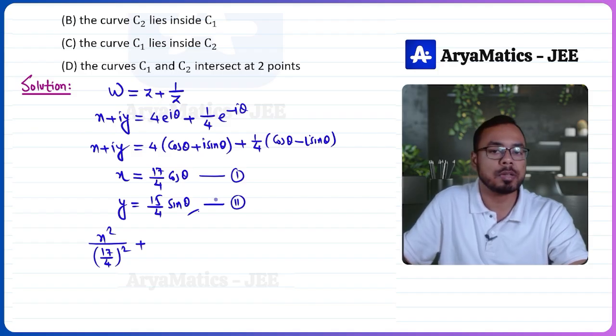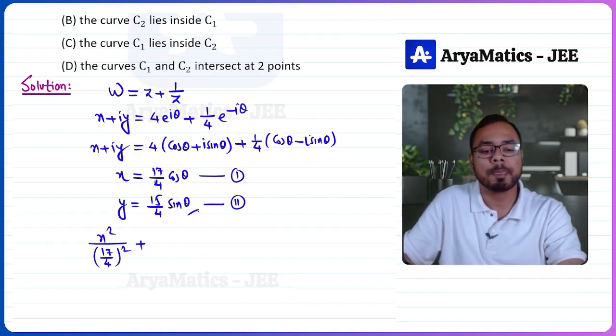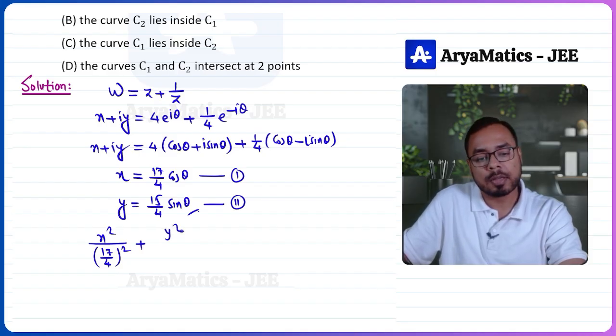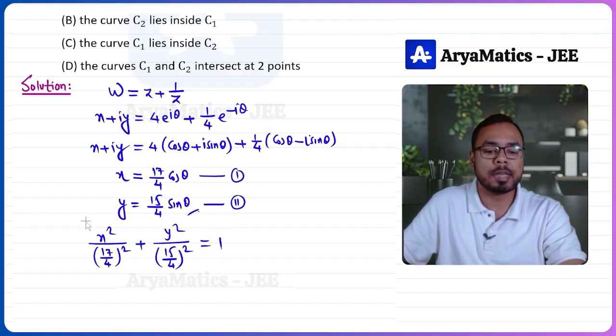So if I need the equation of the ellipse in Cartesian form, then separate sine and cos and then square and add. So x square by (17 by 4) square will be cos square, and y square by (15 by 4) square will be sine square, and sine square plus cos square is 1. So this is the equation of the ellipse that we are getting, right?